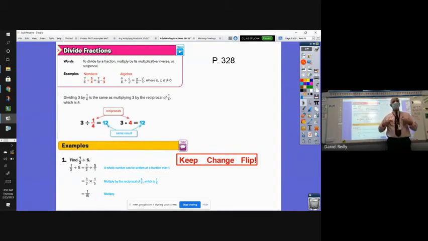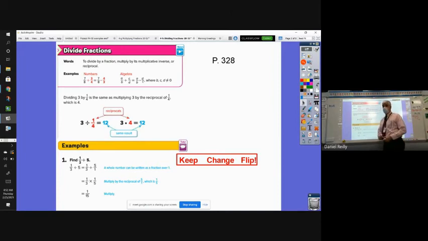Okay, the way you do it mathematically is to change the division to a multiplication and flip the second fraction. Kind of like subtraction, where we did same, change, change.